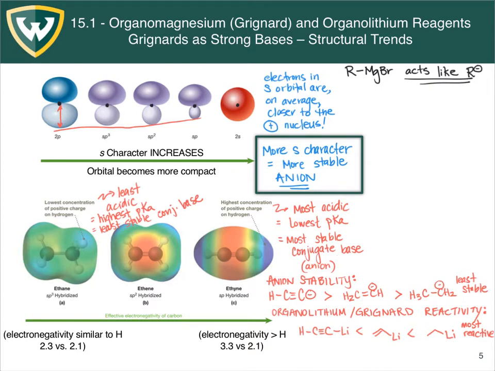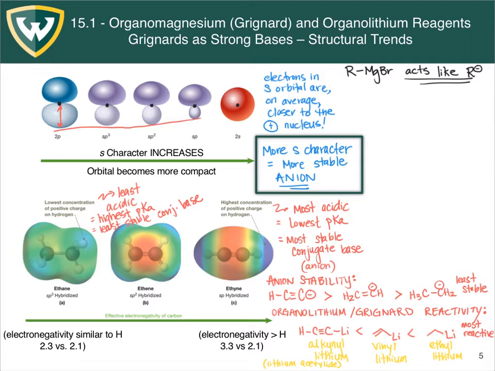The corollary to that is that the most reactive Grignard reagent or organolithium, as shown here, is going to be the ethyl lithium, followed by vinyl lithium, followed by alkynyl lithium.